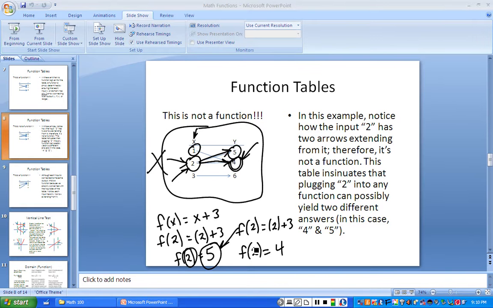So it's impossible to plug in 2 again and now the answer magically be a 4. Can't happen. That's why we say for every input there should only be one answer. Now we don't care what the answer is as long as there's only one. When I look at the 3, it only has one answer, and that's a 6. But the fact that this 2 had two answers told me that this was not a function. Okay, not a function.